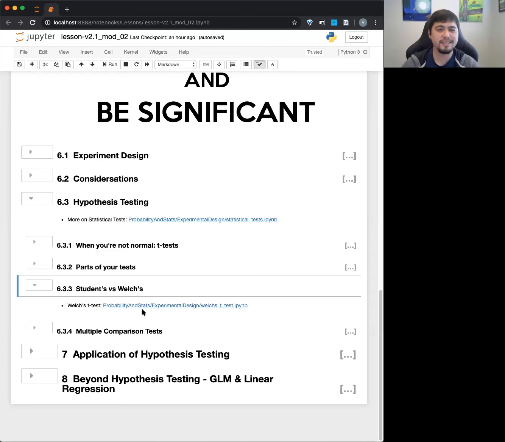Yeah, for the Student's t-test, you assume that the variances are the same. So the difference between the variances is 0. So there's no difference between the variances. Welch's t-test doesn't put that assumption there, which is why we have to make that correction factor that we just went over. Okay, good. So just things to consider.